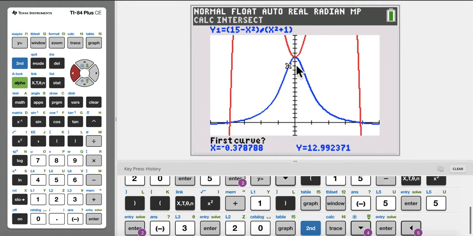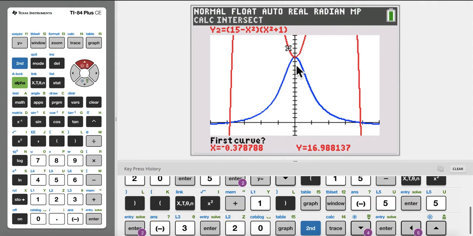Notice that what the calculator is asking us down at the bottom, it asks for a first curve, trying to find the point of intersection of a couple of different curves. So we could pick the blue one or the red one as our first curve. If you did want to switch between the two, you would use your up or down arrows. And then the cursor, you notice, moves to the red function, our second function, and all of the writing turns red as well.